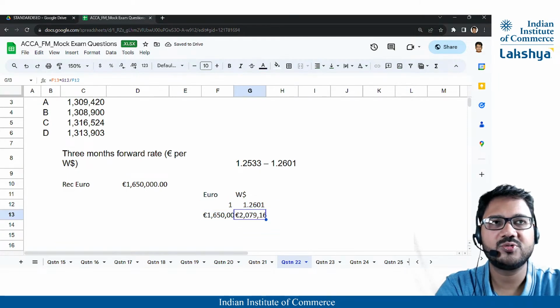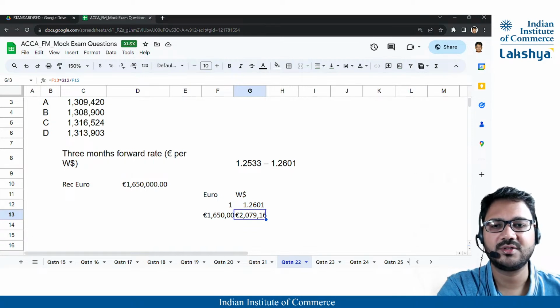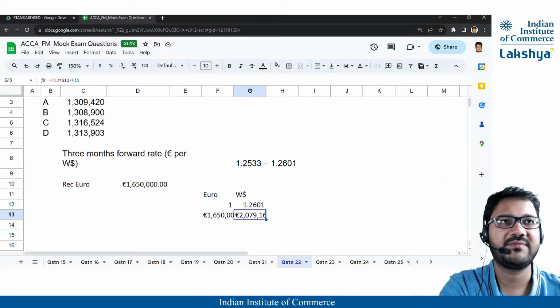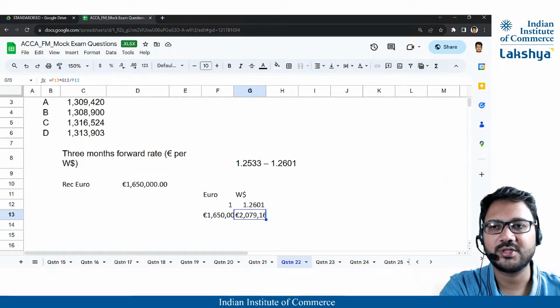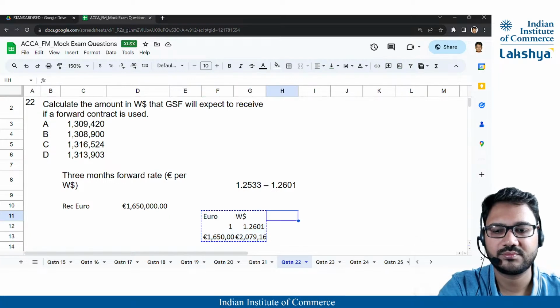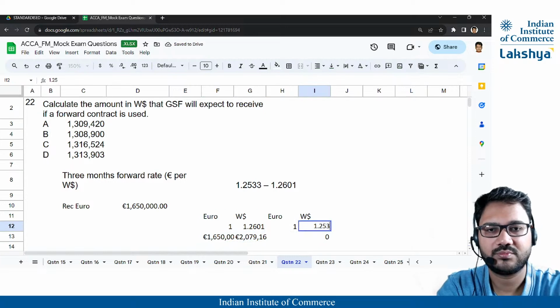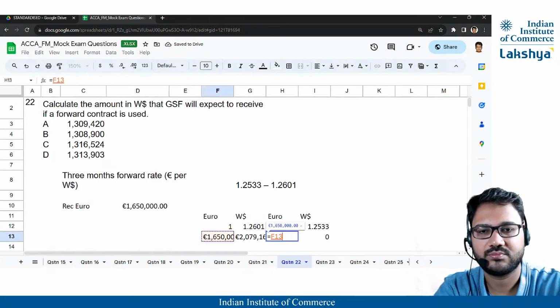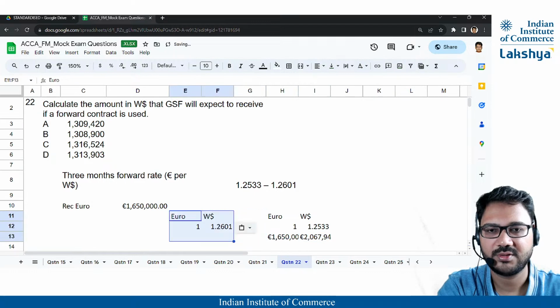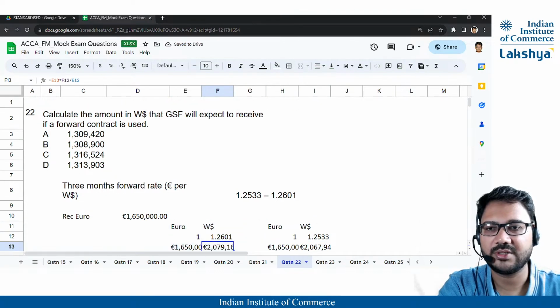So if we have these many euros, then this into this gives 2079 W dollars. That is what they are showing, but none of the options match, 2067 is not there either. What is happening? Wait, there's some mistake I have made.